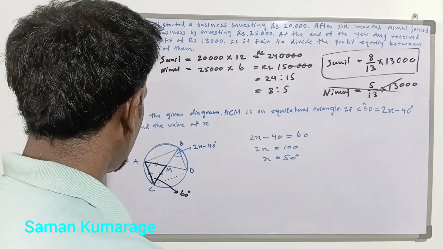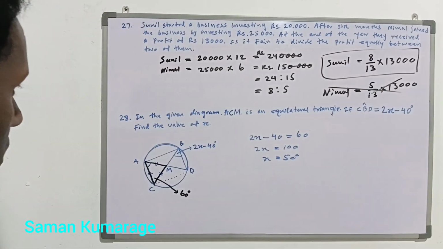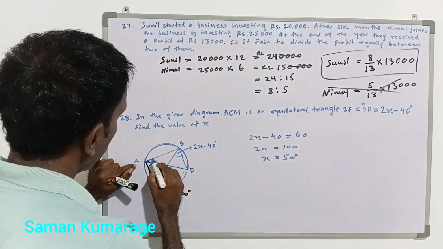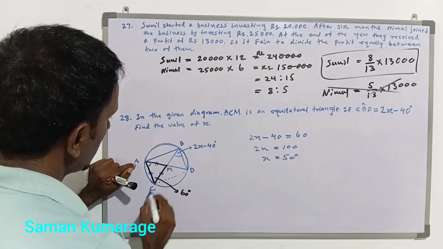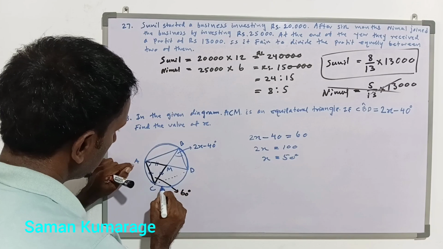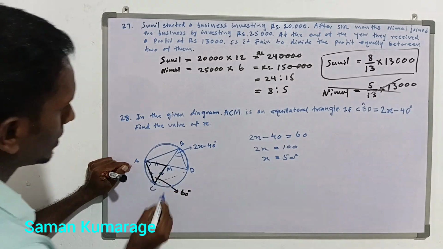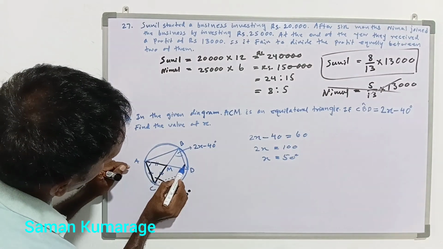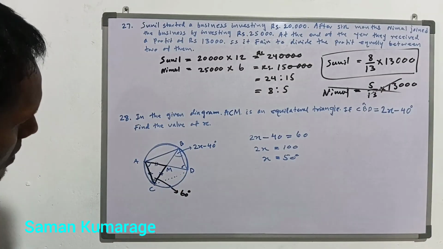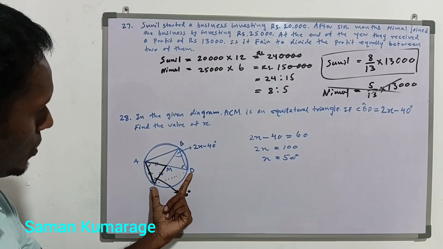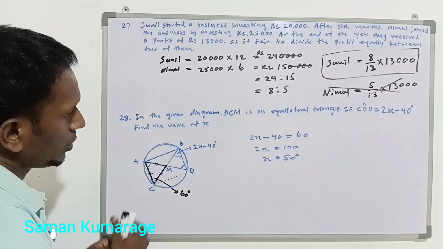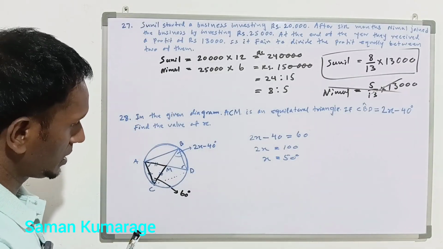There is another method that you can work it out. If you take this AB chord and this segment of the circle, it forms this angle and this angle. So these two angles are also equal in magnitude because these two angles are also the angles of the same segment.